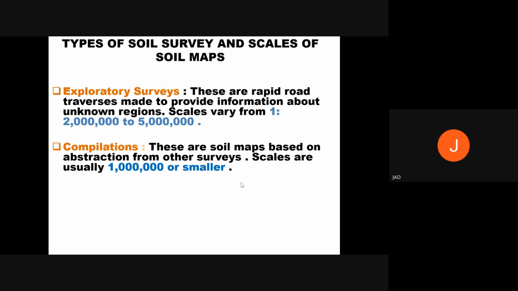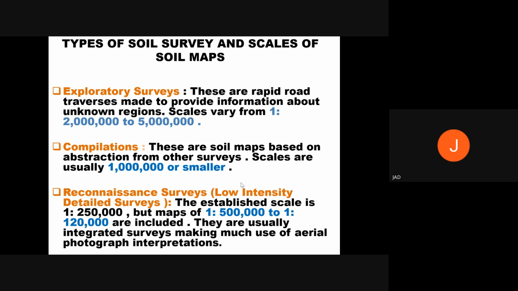For 1 million, 1 centimeter on the paper represents 10 kilometers on the ground. Then for 1 is to 250,000, 1 centimeter is equivalent to 2.5 kilometers.